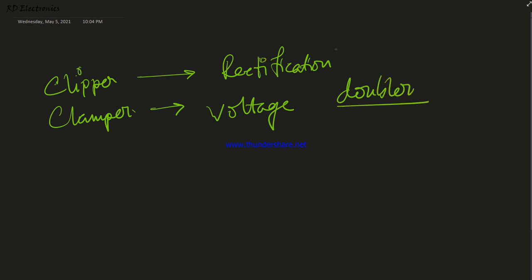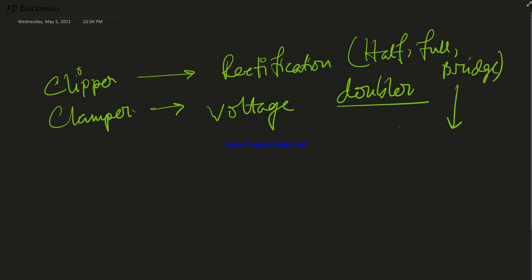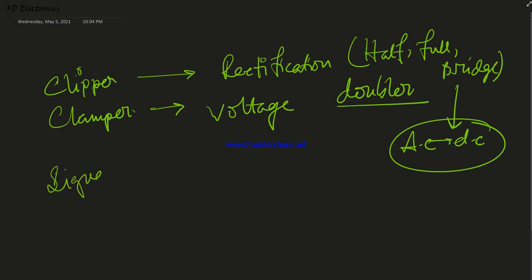There are lots of rectifiers available, like the half wave rectifier, full wave rectifier, and bridge rectifier. A rectifier is a device which converts AC to DC voltage. Okay, so there are lots of applications using diodes, and using diodes we also design signal shaping circuits.